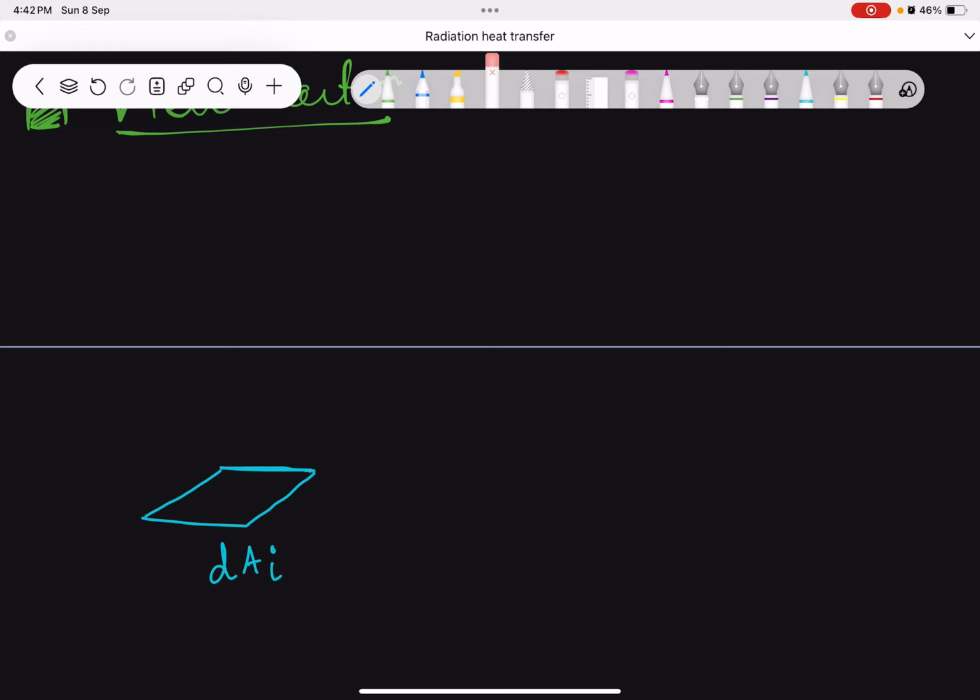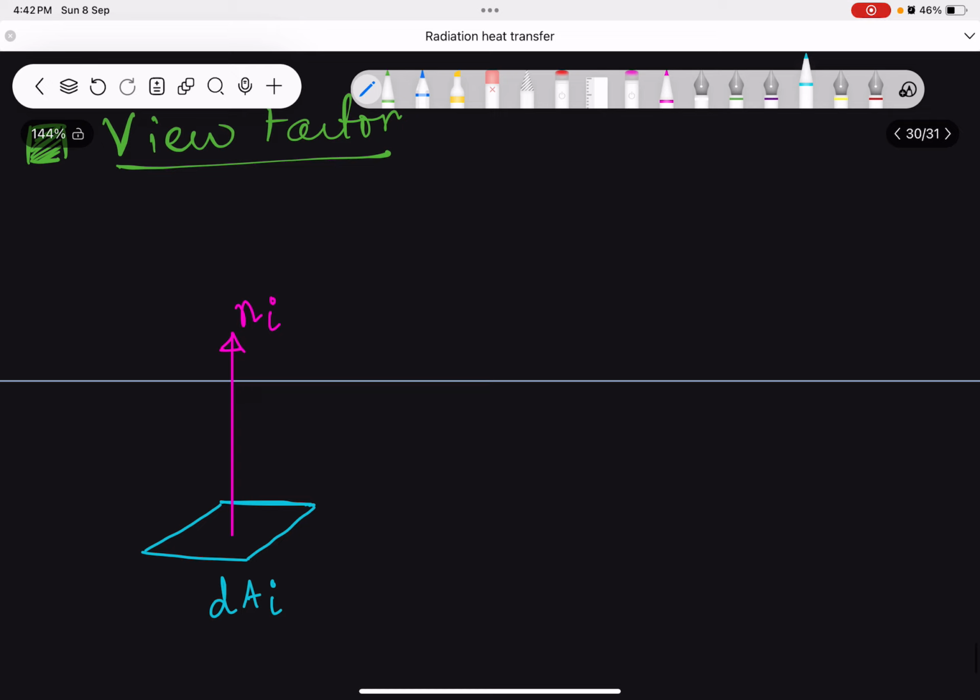Okay, and your friend's copy is oriented at a particular direction, and your friend is sitting as per the sitting arrangement. So that will determine what the normal is. So this is the normal of dAi, and this is you. Okay, you are dAj, infinitesimal area j.